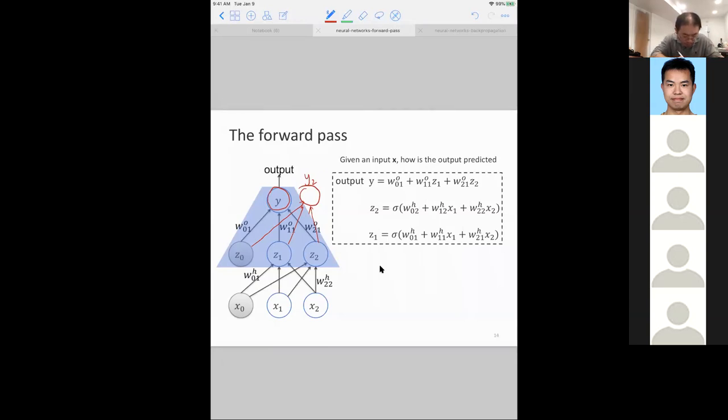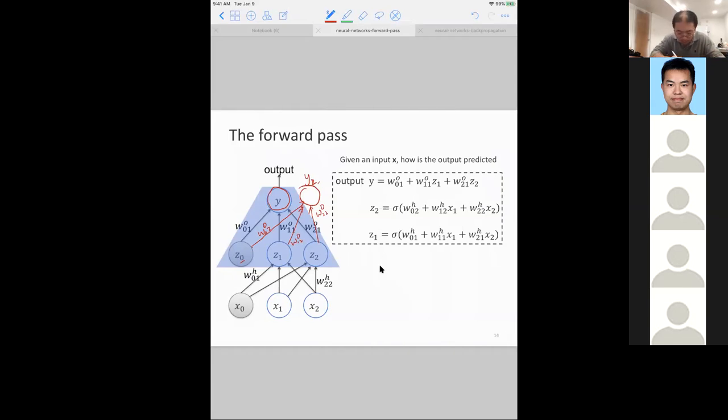The edge connecting Z0 and Y2 will be denoted by W02O, because the target layer is the upper layer. The edge which connects Z1 to Y2 is denoted by W12O, and the new edge which connects Z2 to Y2 is denoted by W22O. Those three weights are completely different from the previous weights.